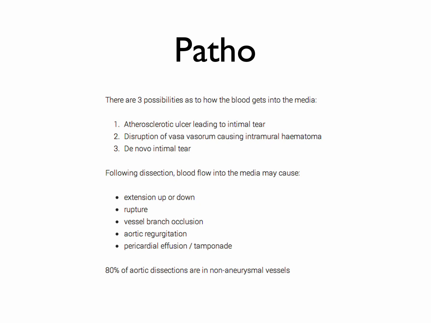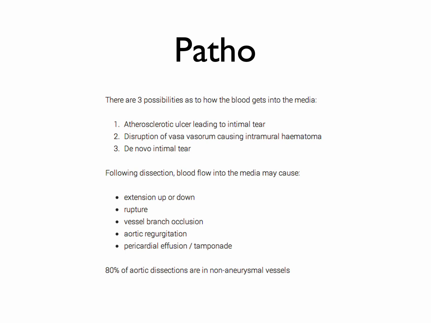So the pathophysiology of that: we've talked a little bit about atherosclerotic ulcers developing, and then you can get intramural hematomas. But following a dissection, blood flow into the media may cause extension that goes up and down. We can also get ruptured aortic dissection, which is catastrophic and generally not salvageable.